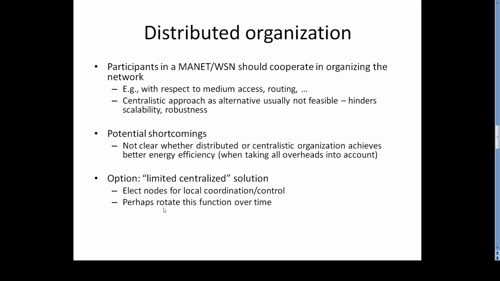From that node, centralization can be achieved, not fully but limited, and that may be useful. So this is about which is better, distributed organization or centralized organization. We can choose in between, and that is called a limited centralized solution we can use in WSN.